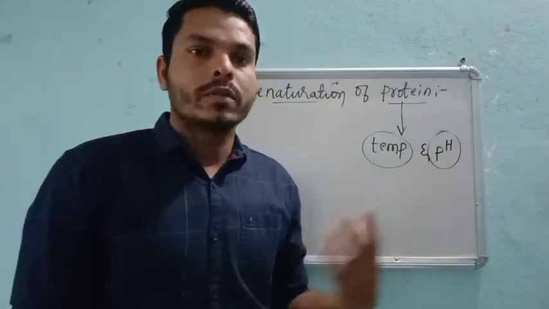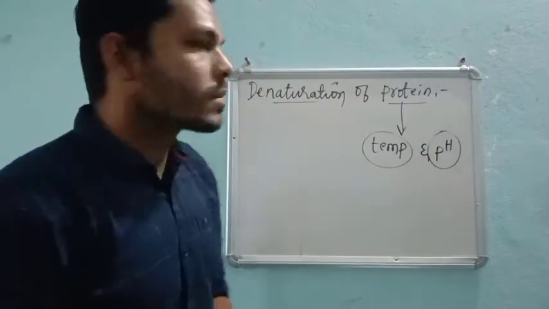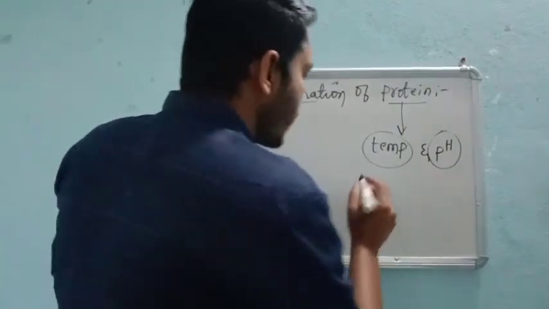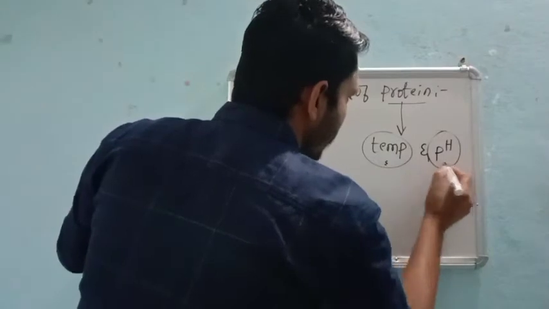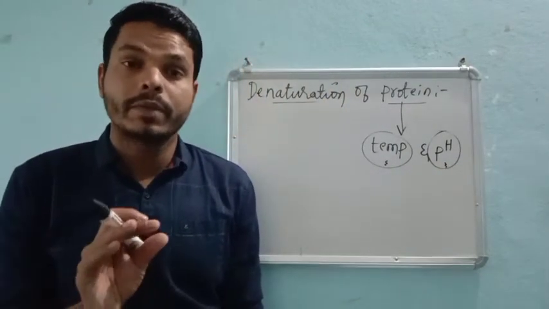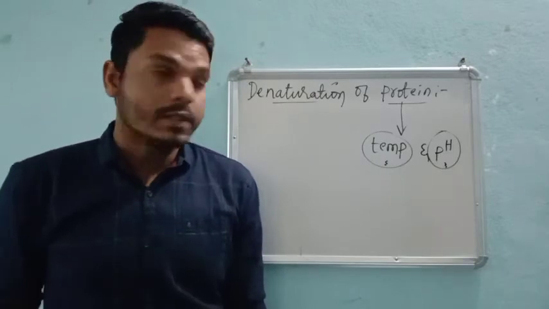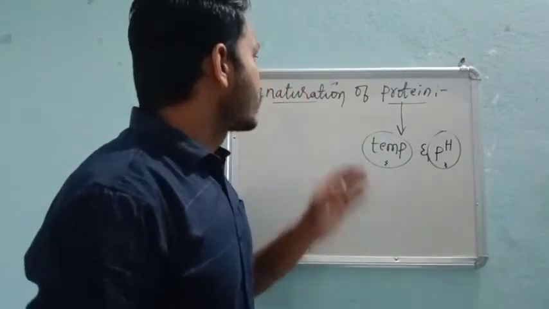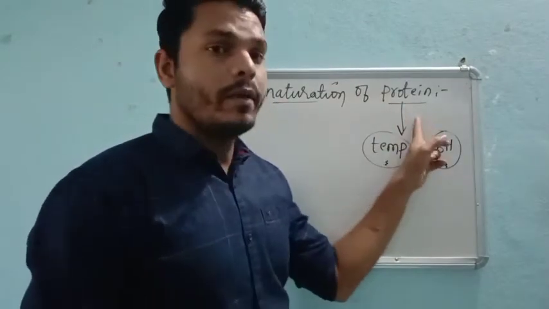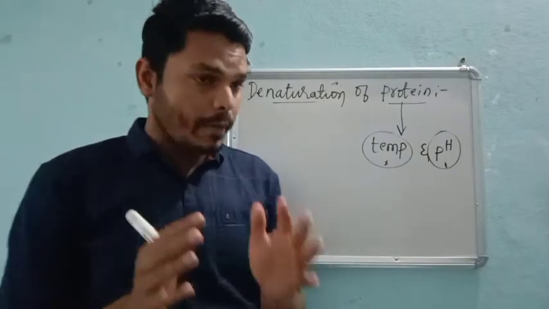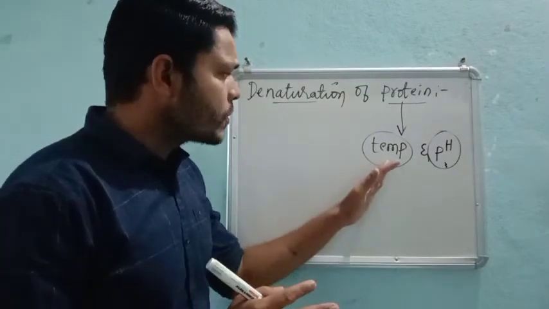See here, when a person consumes alcohol, what happens? Our temperature as well as pH alters, right? Then enzymes may die. In the same way, to denature the protein, what do we need to do? We alter temperature and pH.